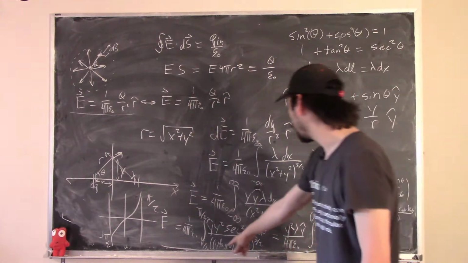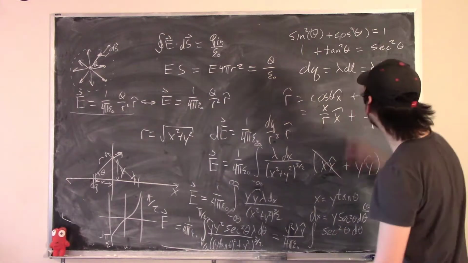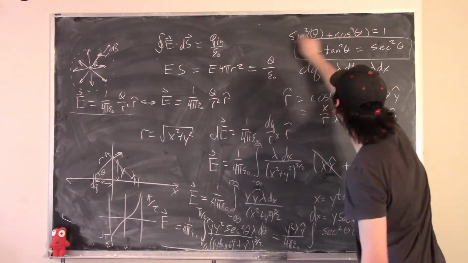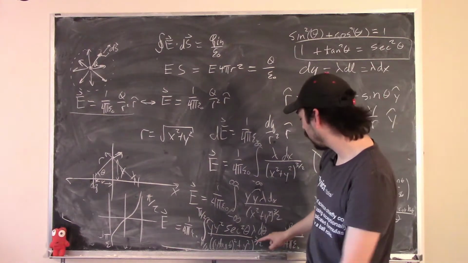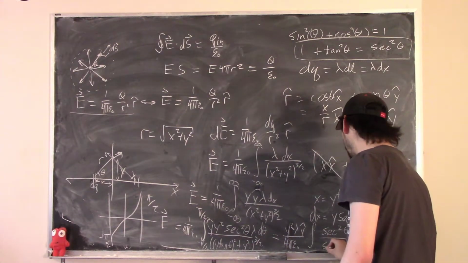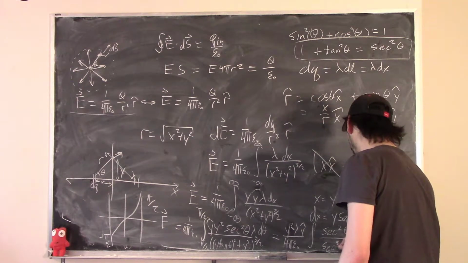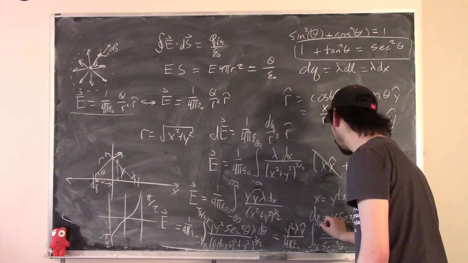And now the denominator here is just going to be tangent squared plus 1, but we saw up here that tangent squared plus 1 is secant squared, and so we're going to have a secant squared to the 3/2, that's going to be a secant cubed of theta from minus pi over 2 to pi over 2, okay?